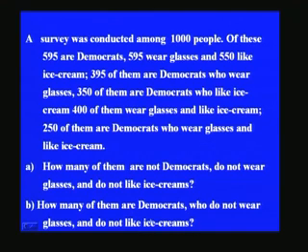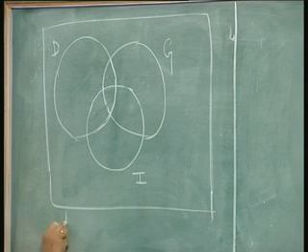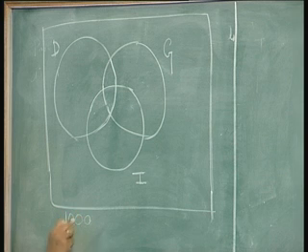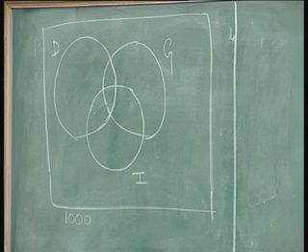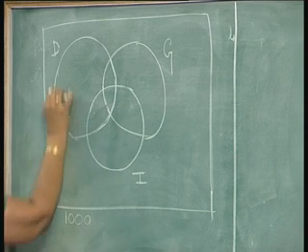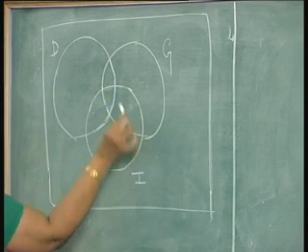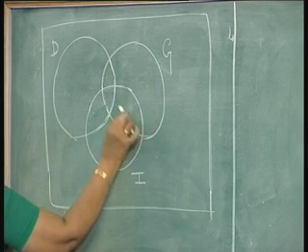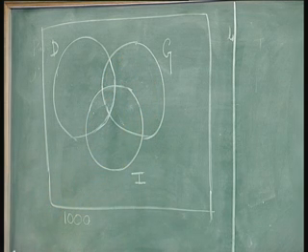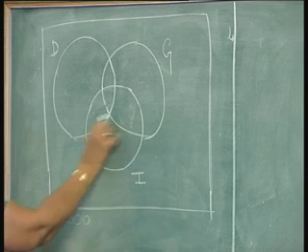Okay, so using a Venn diagram, let us see how the figure looks. There are 1000 people in total, because the survey was conducted among them, of which 595 are Democrats. So this is 595, and 595 of them wear glasses, and 550 like ice cream, and so on.